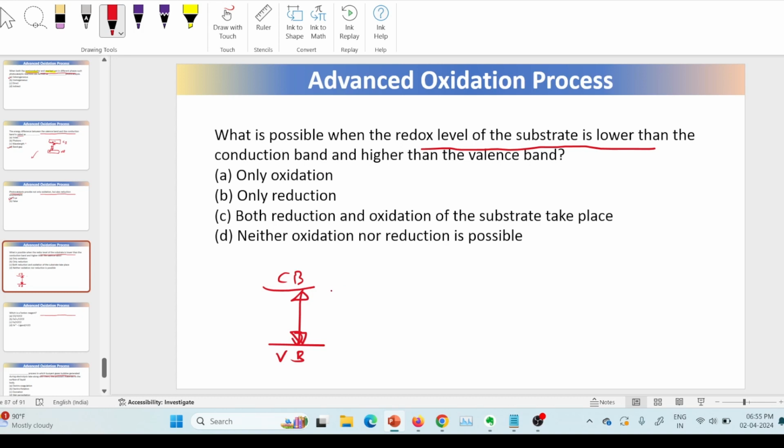So it is lower than the conduction band and higher than the valence band, so both reduction and oxidation of the substance take place.